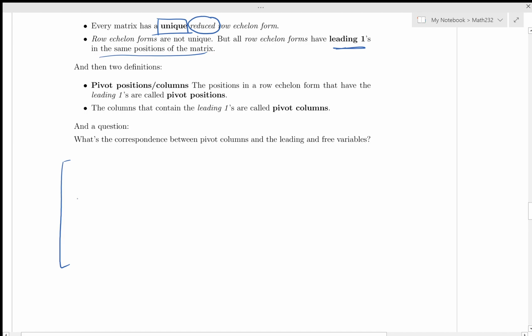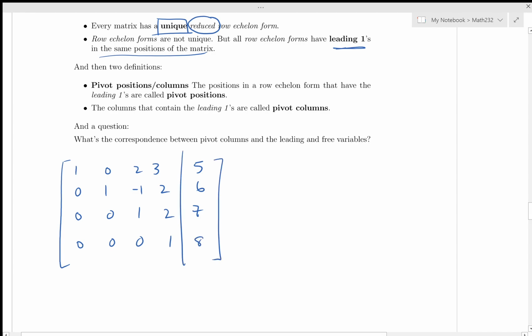Let's take a couple of examples to illuminate that bit of vocabulary. Here's a matrix I'm just randomly making. I'm going to do what I've been doing many times and circle those leading ones.